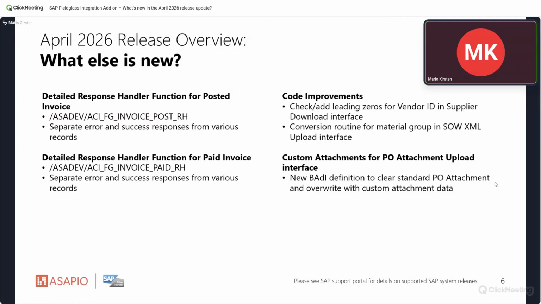I can override, or I can clear this attachment, and I can override with any other attachment data that I want to implement in the system. So in the past, we did already have enhancement spots in that interface, giving you the chance to send custom data when there was nothing from an attachment perspective found in the standard, but you didn't have the chance to override the standard.